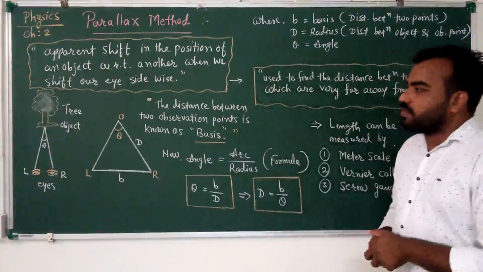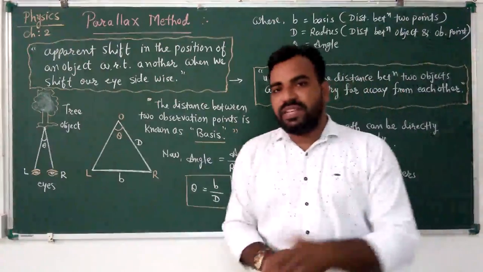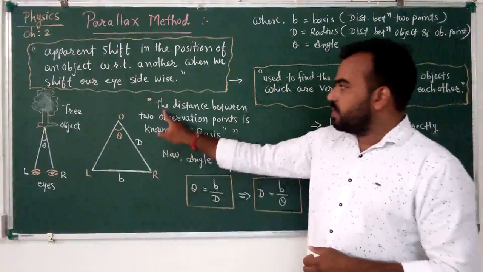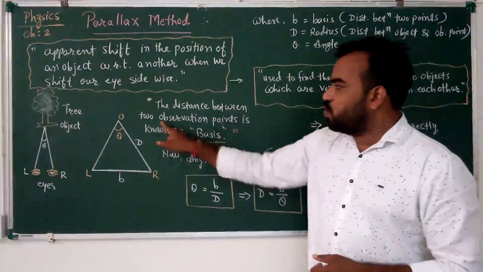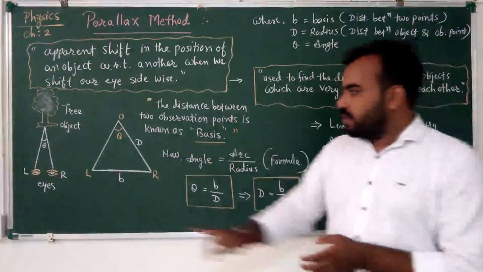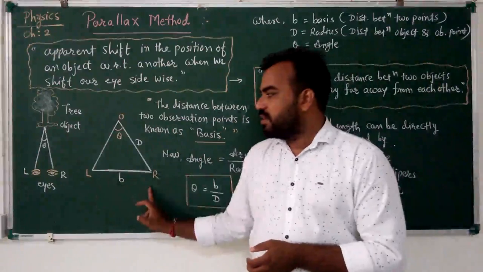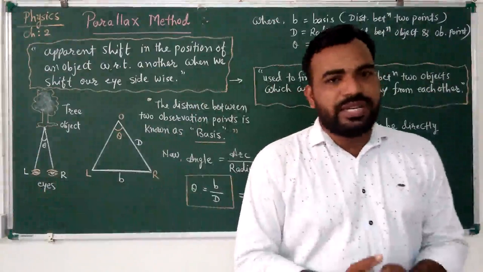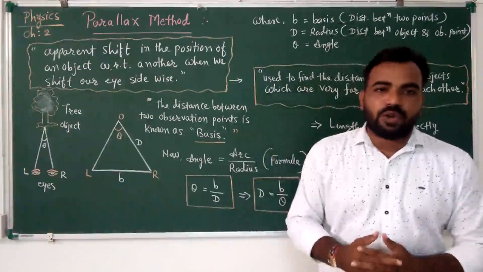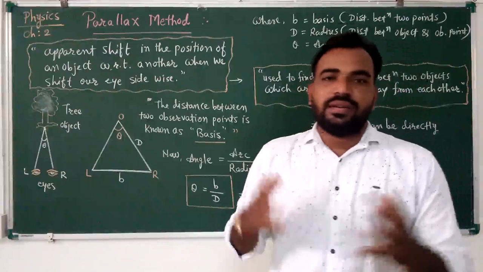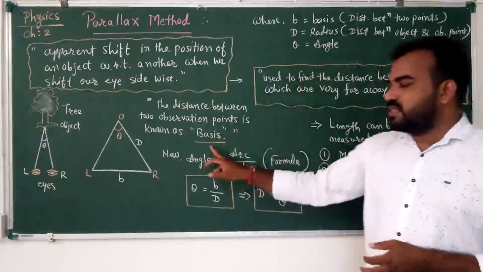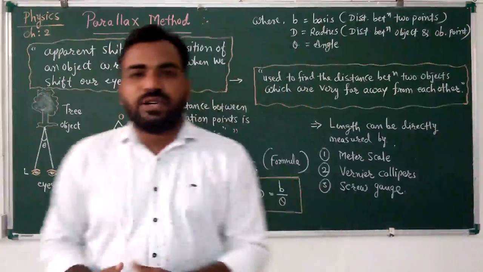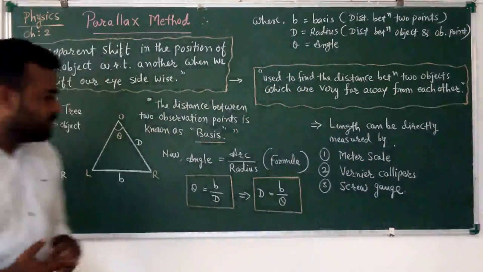Now our next definition, what we can say from this figure? The distance between two observation points. In this figure we have two observation points, and the distance between two observation points is called basis, and it is denoted by small b.